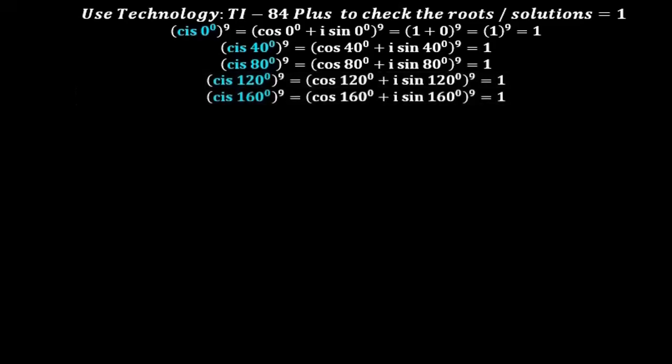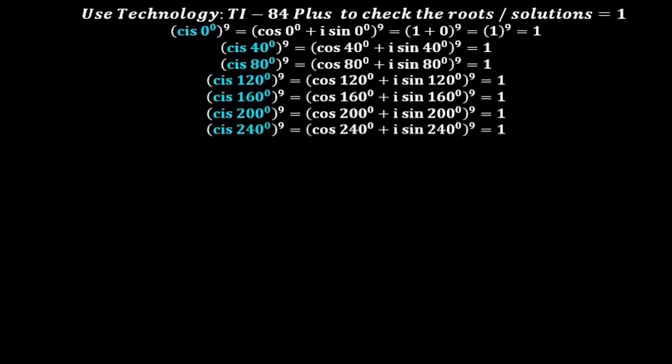Cis 160 degrees to the 9 equals 1. Cis 200 degrees, which is cosine 200 degrees plus i sine 200 degrees to the 9, equals 1. Cis 240 degrees to the 9 equals 1.